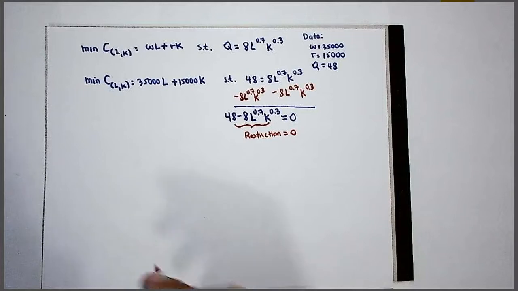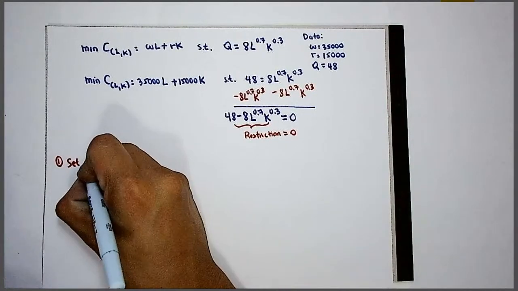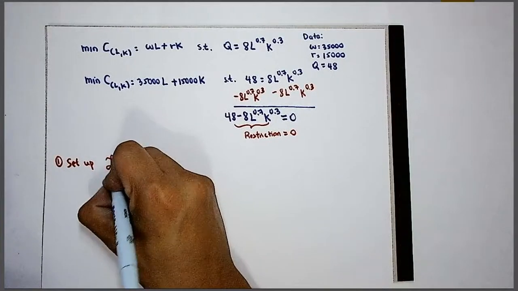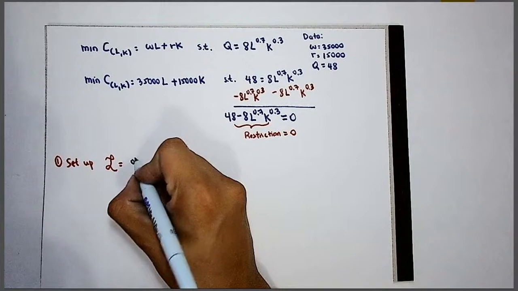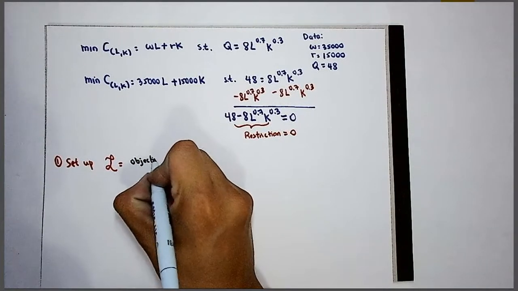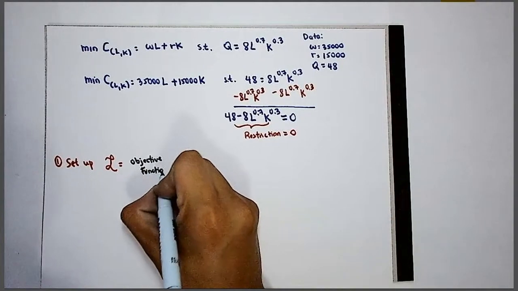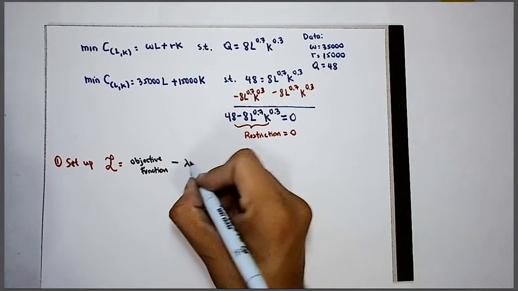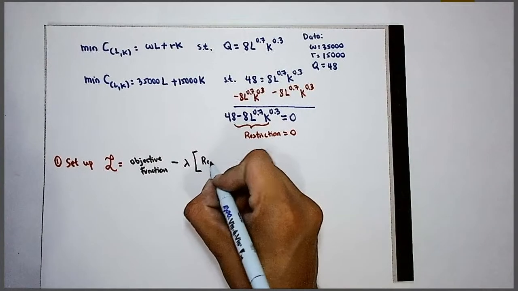So again, our first step is to set up the Lagrange function, which is equals to the objective function minus lambda times the restriction.